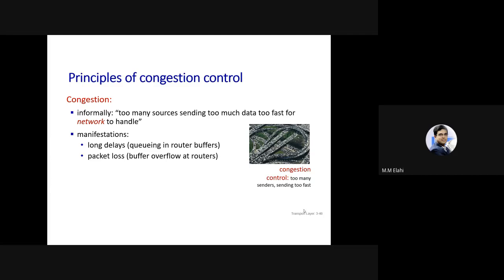So the sender will ensure it is not sending so many segments that they will overflow the receiver's buffer. But what can happen? The receiver's buffer can have a larger space, but the intermediate links might be the bottleneck. The intermediate links might have a very low capacity.